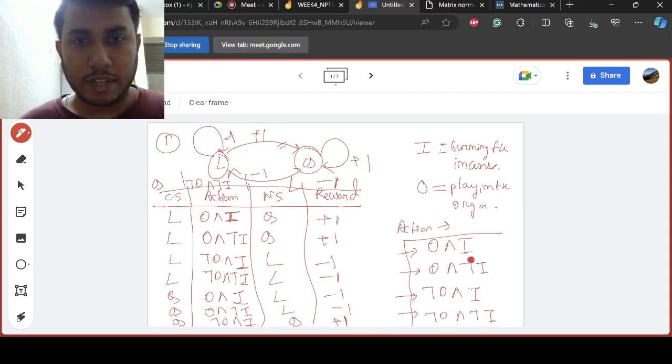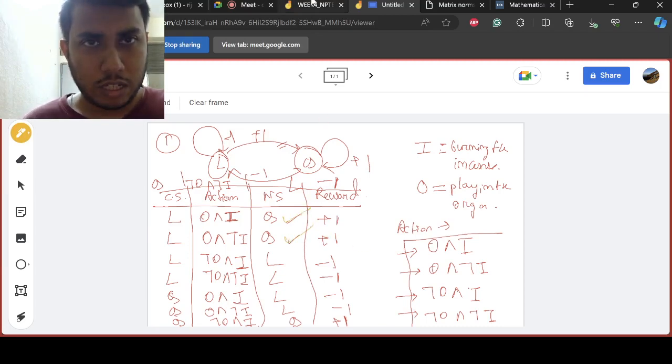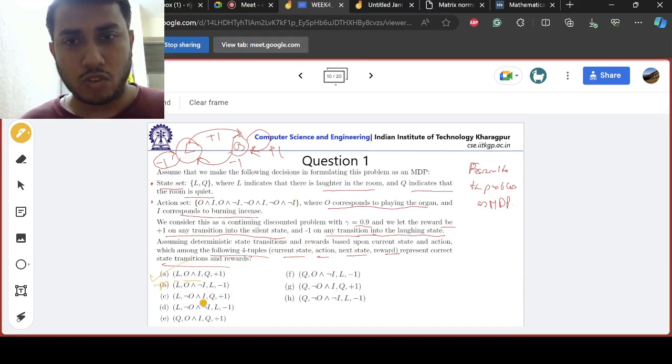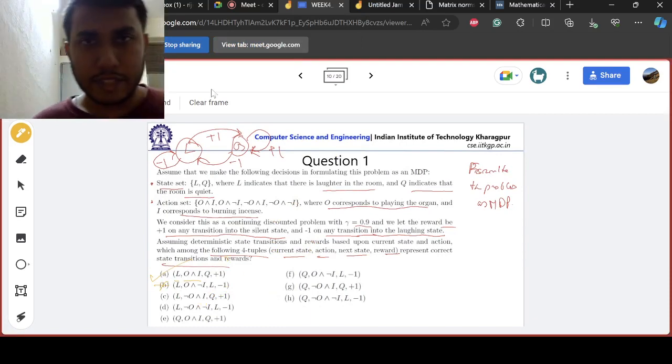In that case, the next state is Q, right? So the next state is Q and the reward is +1. And what is there in this case? Next state is L and -1. So this one is wrong. So B is wrong.